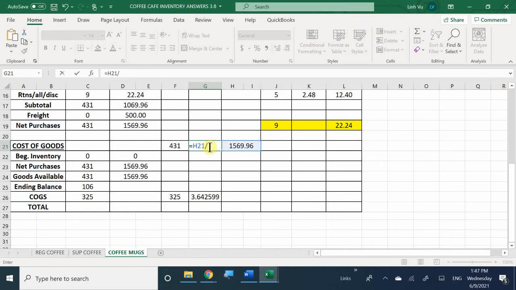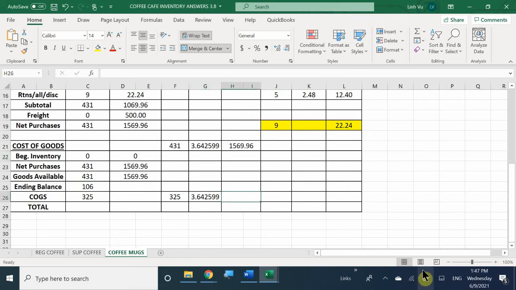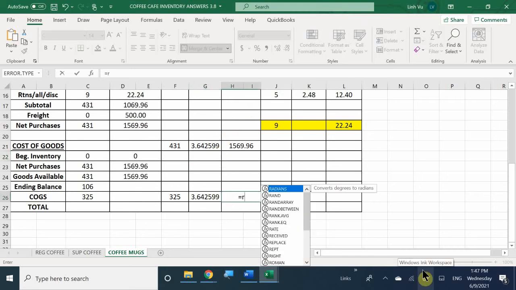So in this case, I'm going to take my $1569.96 and divide it by my 431 to get a total of $3.642599. That's what it's going to cost me to sell one mug. So how much is it going to cost me to sell 325 mugs? Once again, we're going to do our equal round because we want to round to the nearest penny.